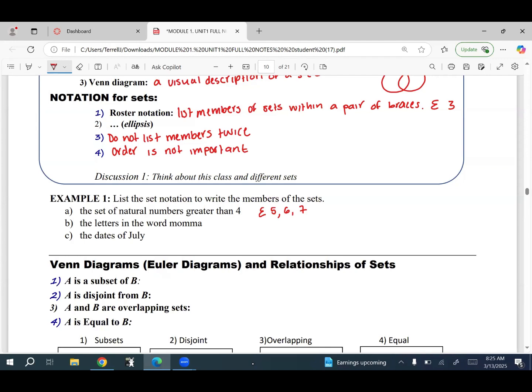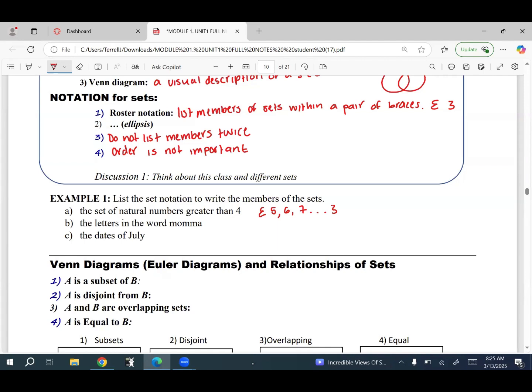But I don't want to list all those numbers, so what we do in math is put dot, dot, dot, and that implies it's going to go on forever. Then you close your brace. Roster notation is when we put our braces and list the members. 5, 6, 7 are our members within this set.